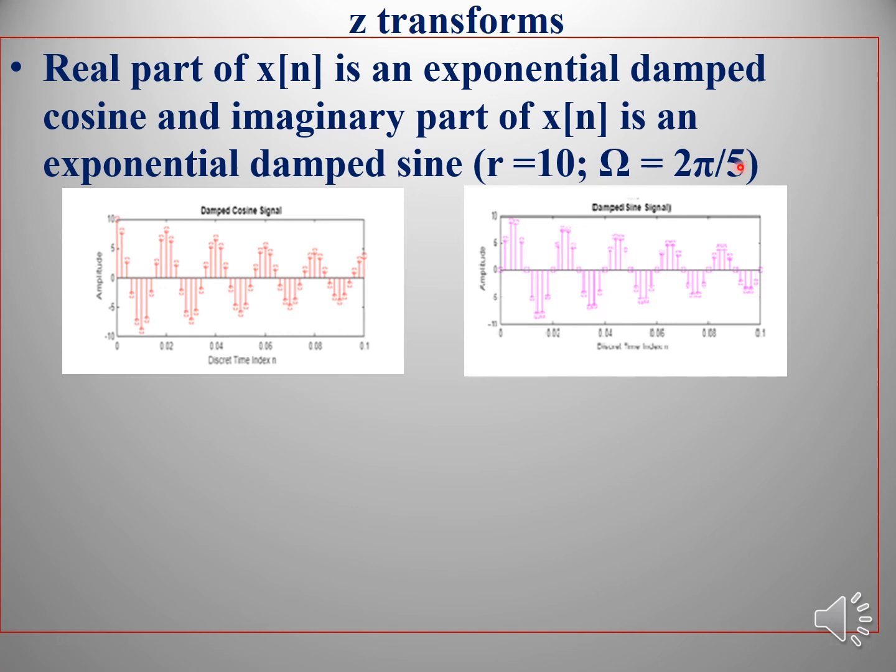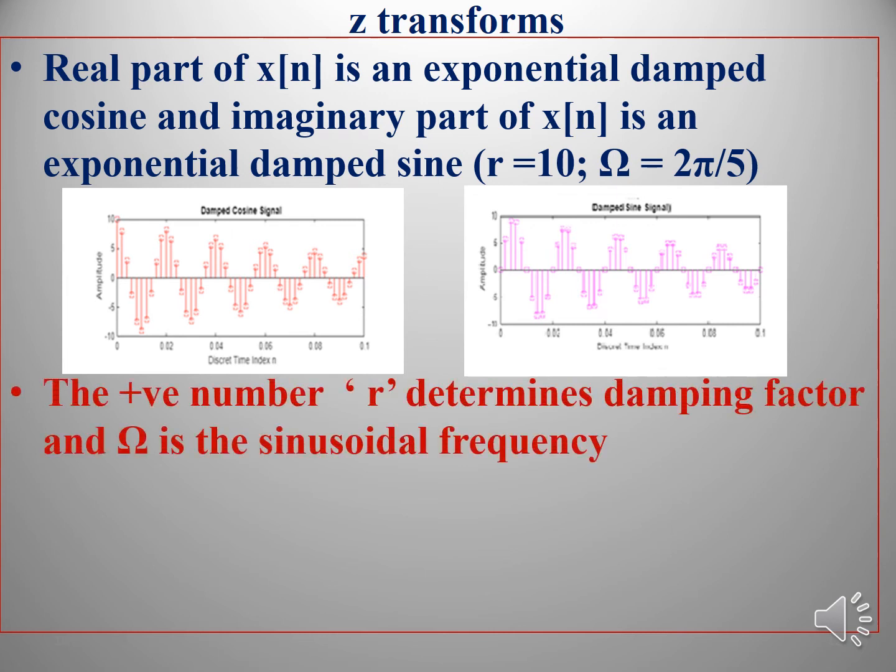And since n is equal to 5, we can see that at each period we have 5 values. Thus, r determines the damping factor, which means the damping rate in this case is 10, and omega is the sinusoidal frequency given by 2 pi by 5 as can be seen here.